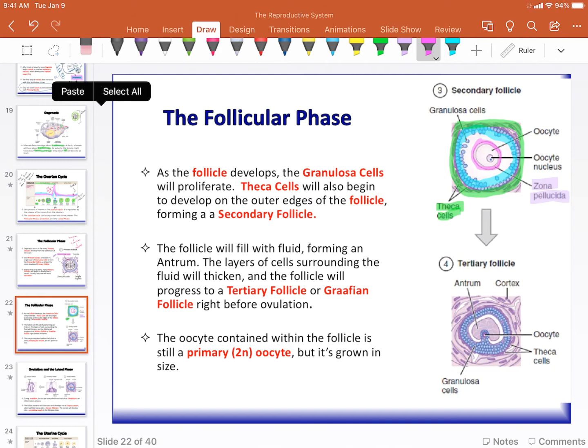Now, as these follicles begin to develop, as this follicular cell begins to develop, it is going to begin to secrete a very important hormone called estrogen. And that estrogen is going to target the uterine cells.